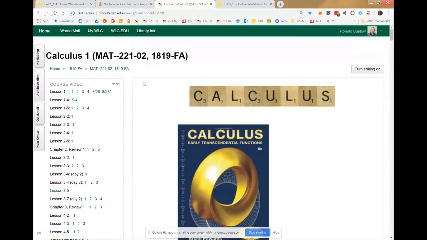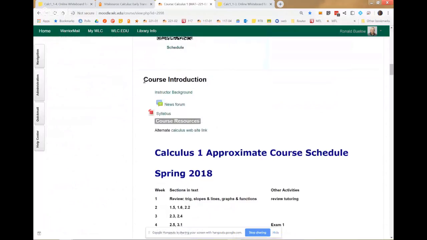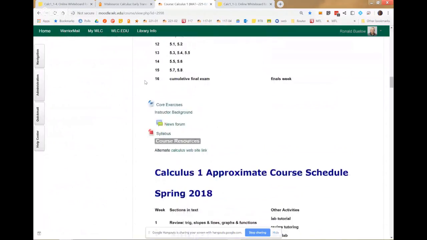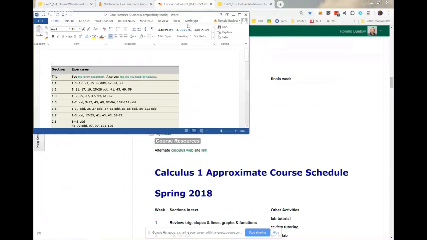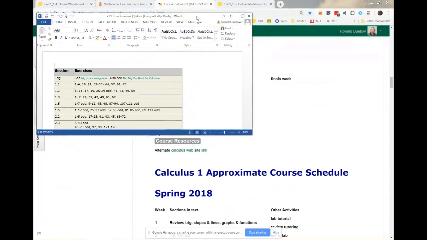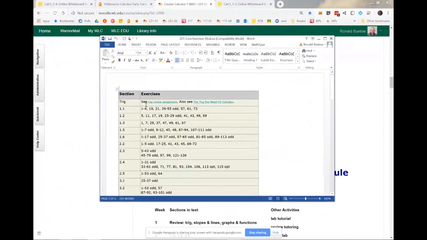Now, I wanted to show you on the website. If you go down a little ways until you get to core exercises, and when you click on core exercises, this is the file that opens up. You probably had this already, as I suggested you put it on your wall or whatever. Right on the top, it says trig review assignment.